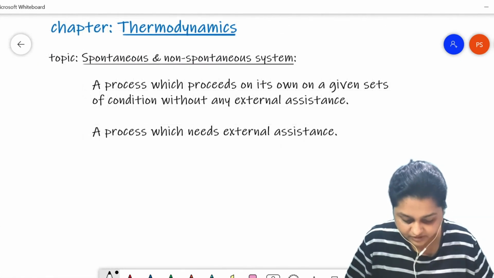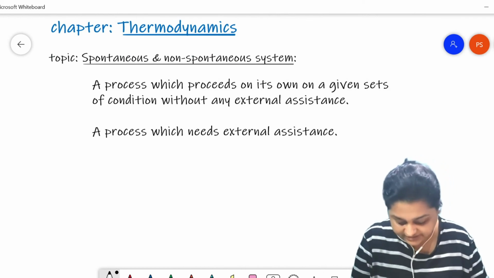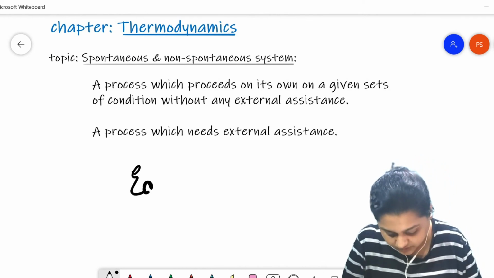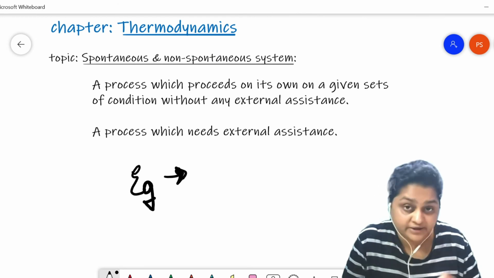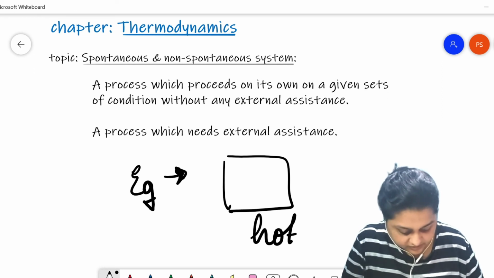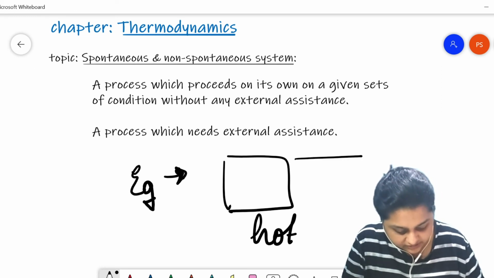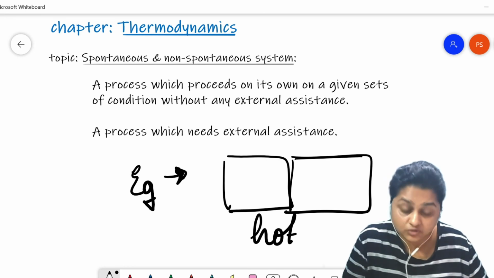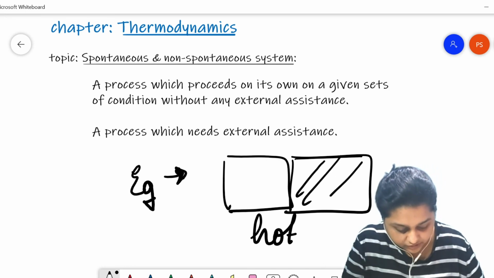The very first example that comes to my mind is a hot body in the vicinity of a comparatively colder body.